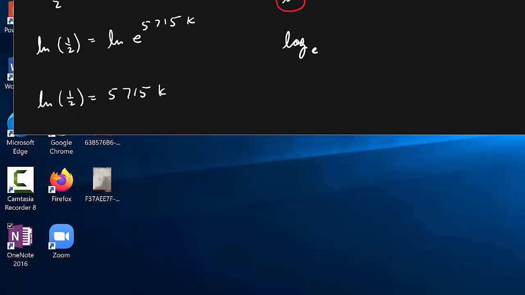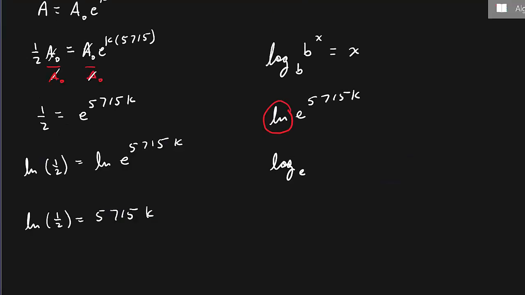Hang on. Hit something with my hand, so I had to fix the screen. So where was I? The log with base e, we just abbreviated it using natural log. So this right here is the same thing as log base e of e to the 5,715k. And since this e and this e are the same, your answer is just your exponent. That's where that comes from.